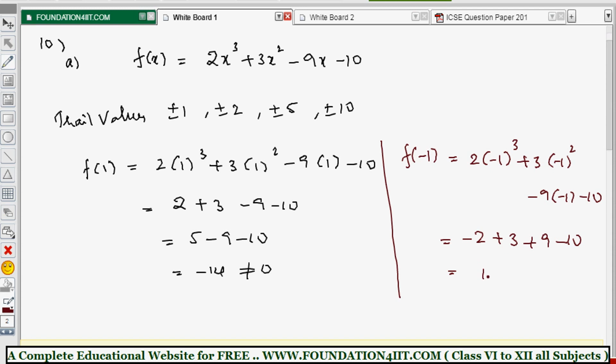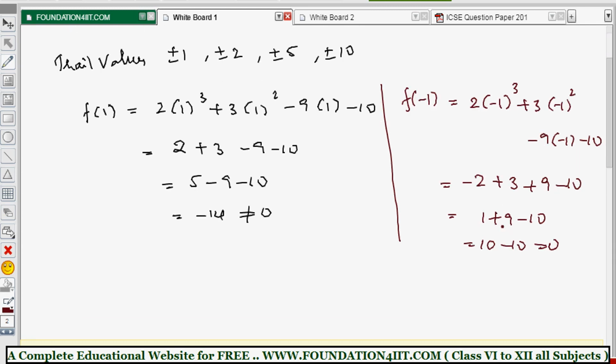Minus 2 plus 3 is 1, plus 9 minus 10. So 10 minus 10, that is 0. Yes, so when x is equal to minus 1, we got 0. When this becomes 0, then x plus 1 is a factor. So we have to find 3 factors, and x plus 1 is a factor by the trial and error method. Now using this, we can find the remaining 2 factors.